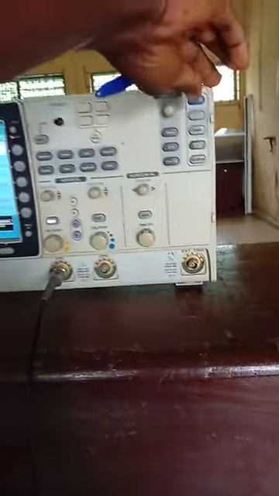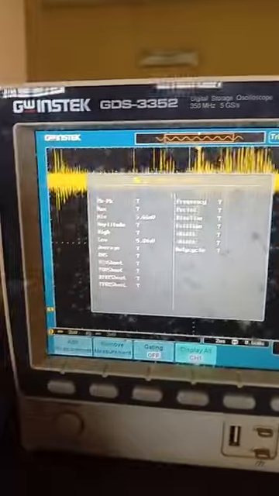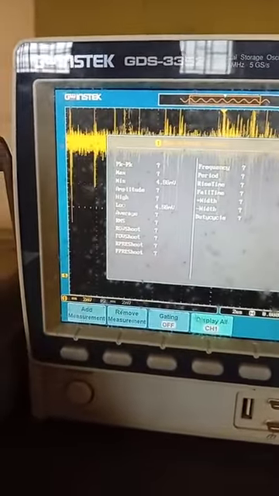When switch 1 is 0 and switch 2 is 1, let's go back again and set our oscilloscope and measure to see what we have.